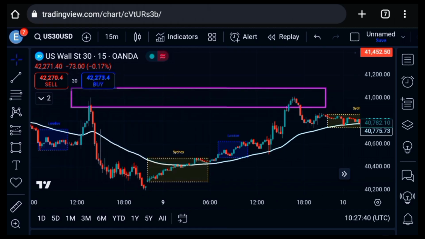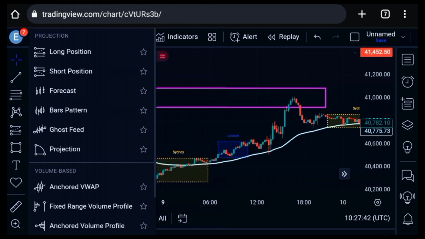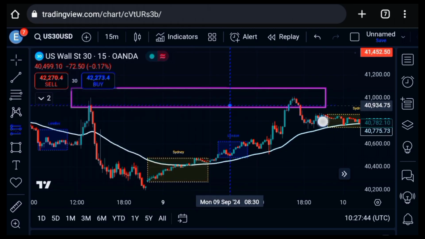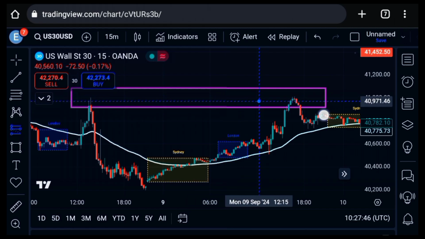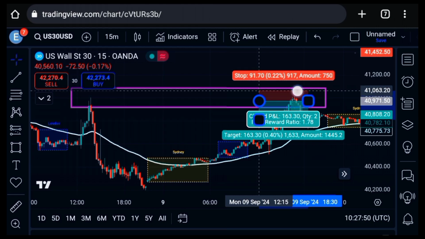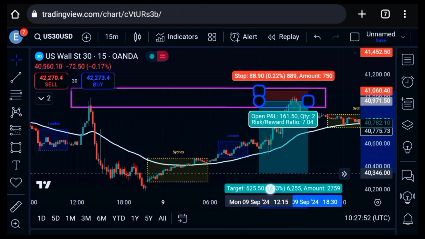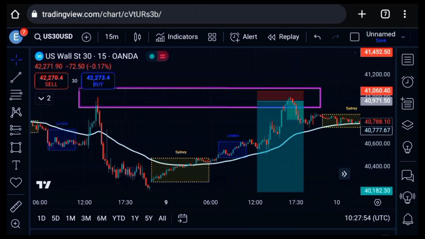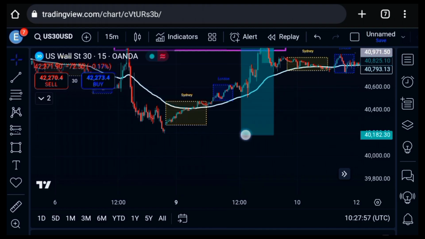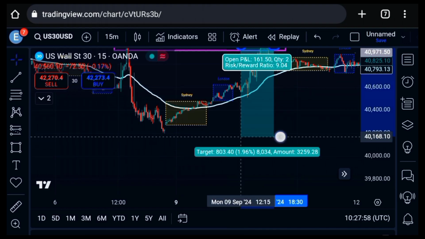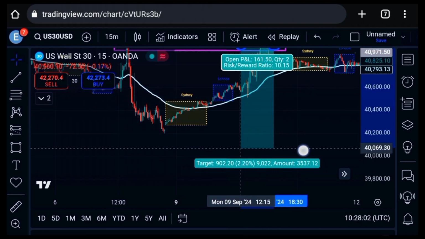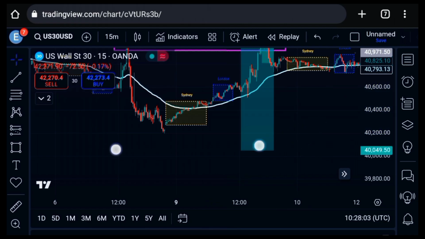I'll place my trade like this, right at this zone, my stop loss a bit above the zone, and I TP it below this low, which can easily give you that same 1 to 10.